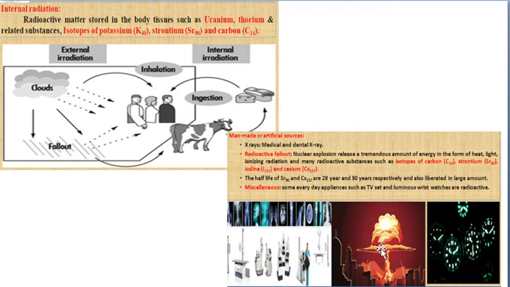It is 30 years for cesium and 28 years for strontium, and they also liberate a large amount of radiation to the atmosphere. Then some everyday appliances such as the TV set we watch at home, LED television sets and luminous wrist watches also release radioactive pollutants to the atmosphere.